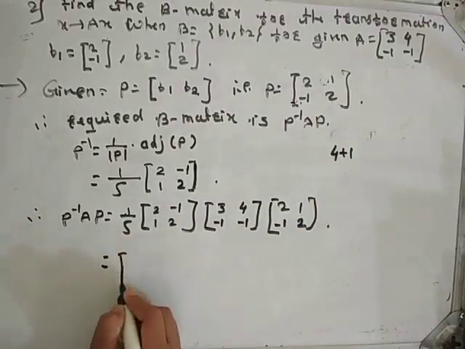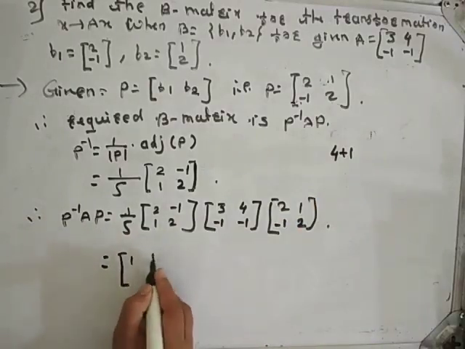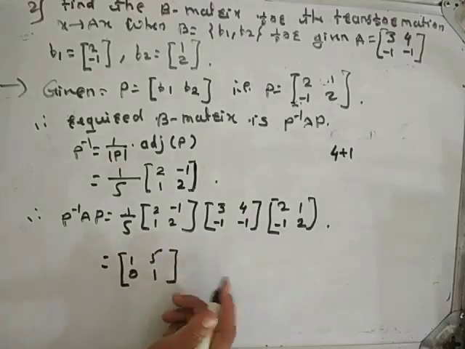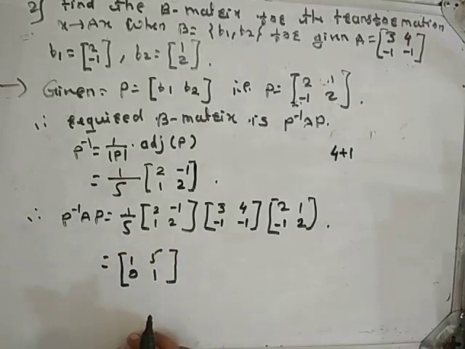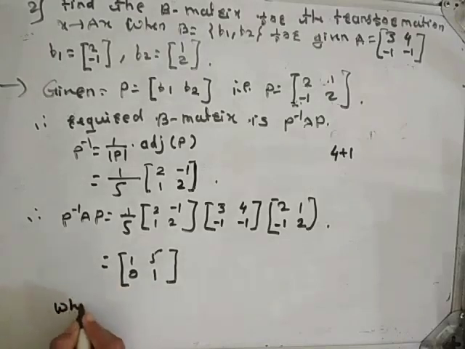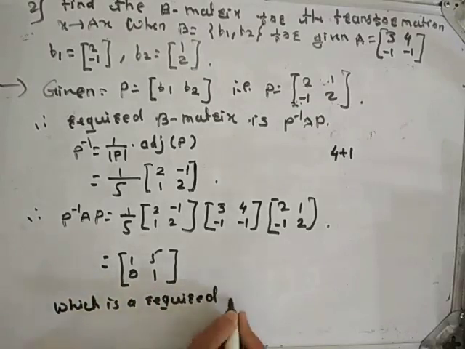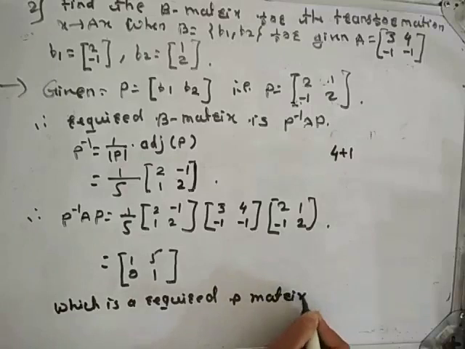We will get matrix 1, 5, 0, 1. So P inverse AP equals this, which is the required B matrix.